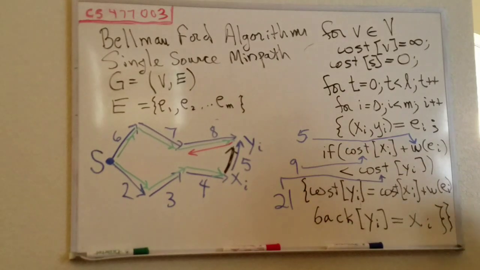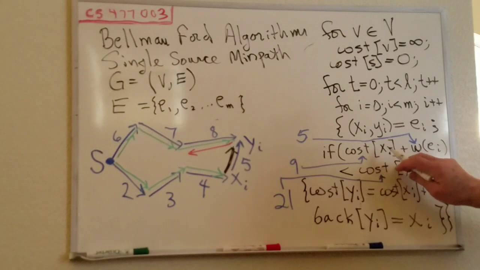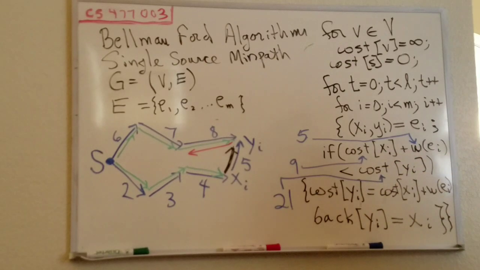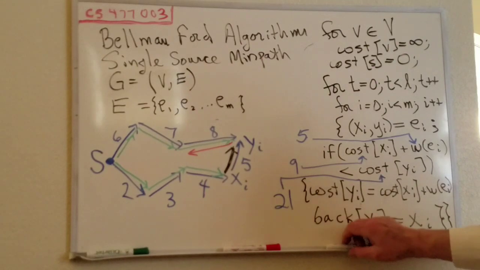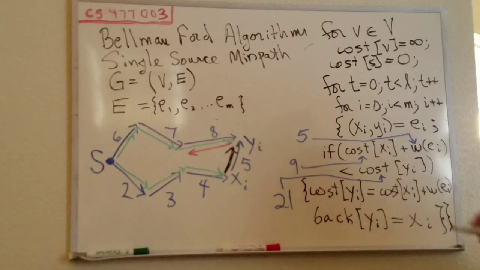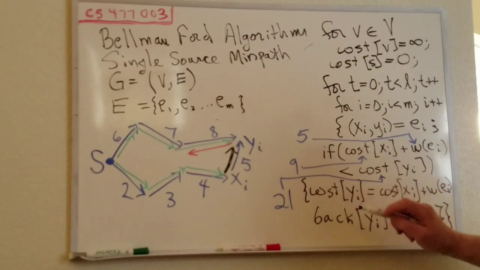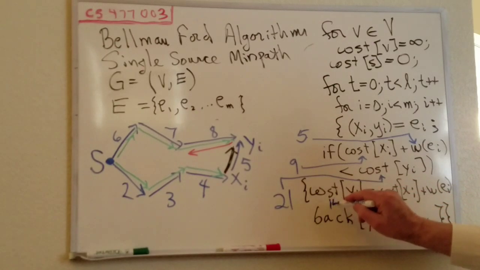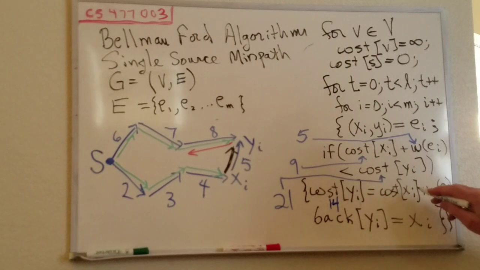So what do we have here? We're going to ask whether 9 plus 5 is less than 21. Is it? Yes, it's less than 21, which means that we will replace the cost of y_i. It was 21 before, but now it will be 14, because it's the sum of 9 and 5. But then the back pointer.